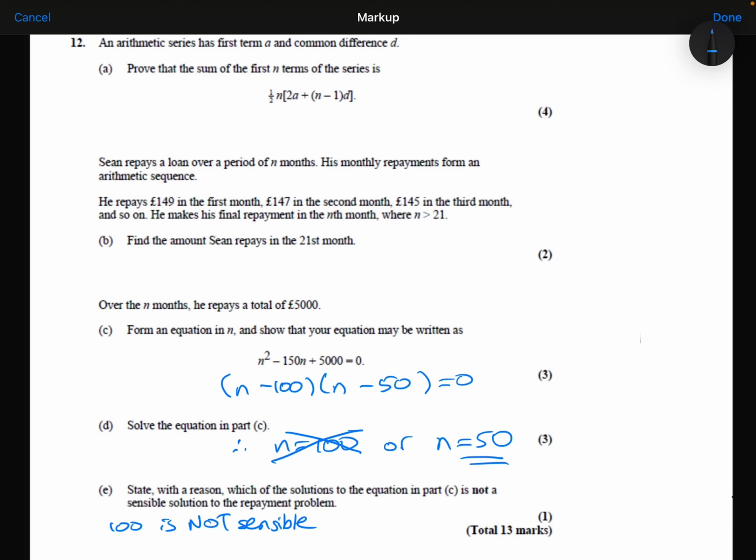He's already repaid that after 50 months. So he's not going to continue repaying it after that. So 100 is not sensible because he has already repaid £5,000 after 50 months.